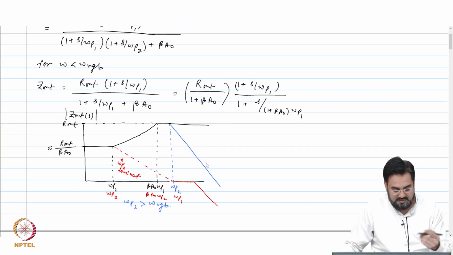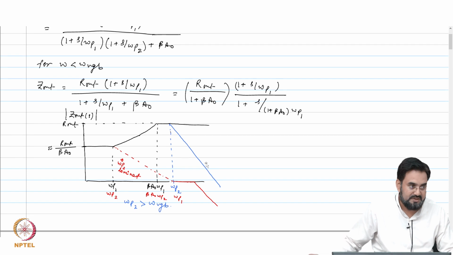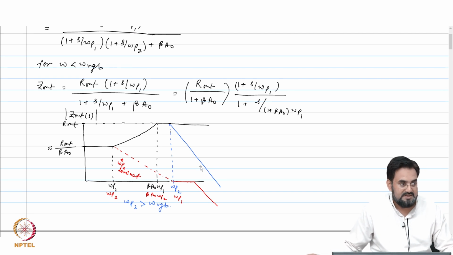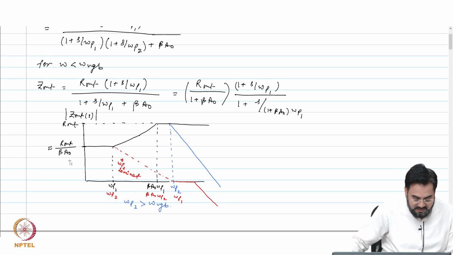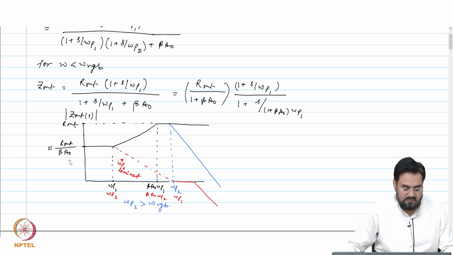So, we know that DC impedance is nothing but your load regulation, which is defined by your delta V out over delta I out, and that is basically inversely proportional to your DC loop gain. Which means if I want to improve my load regulation, I have to increase the DC loop gain.